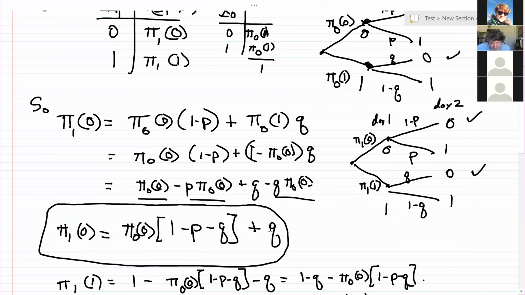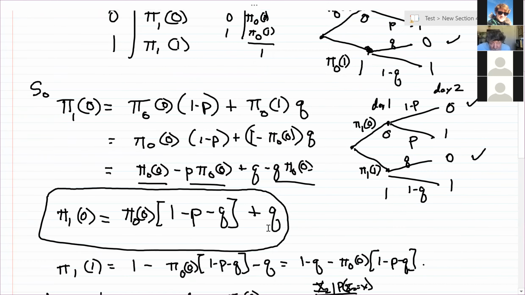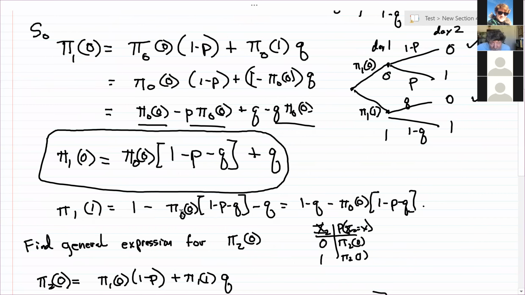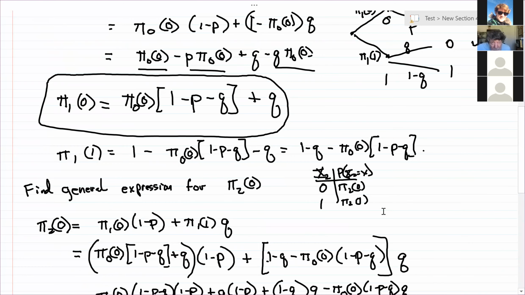And then you could do pi 1 at 1 in two different ways. You could do the same calculation where you end up at 1. But I think all I did is say that pi 1, 1 would have to be the complement of this. So I just subtracted this from 1 and got a formula.